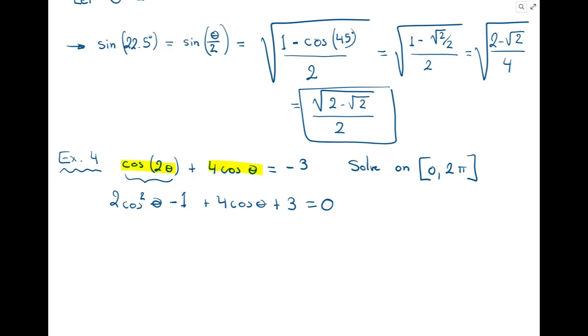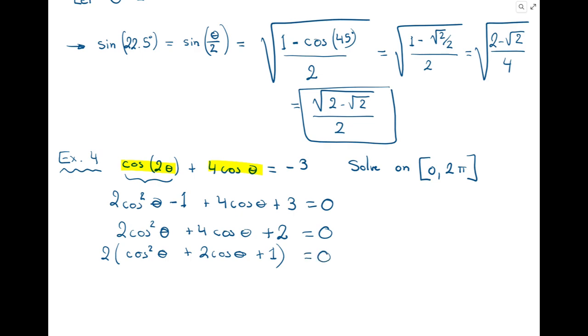Okay, so the 2 cosine squared, the negative 1 and the 3 are going to together become plus 2. And then I have a coefficient of 2 everywhere, so I could factor out the 2. And then divide by 2.